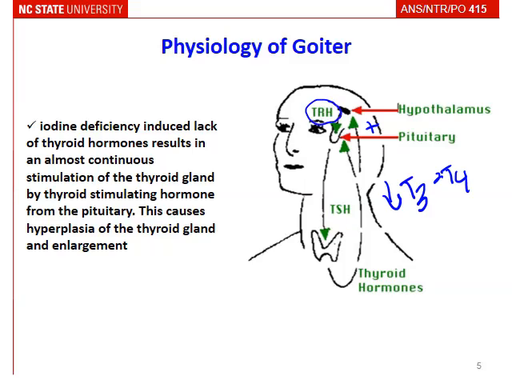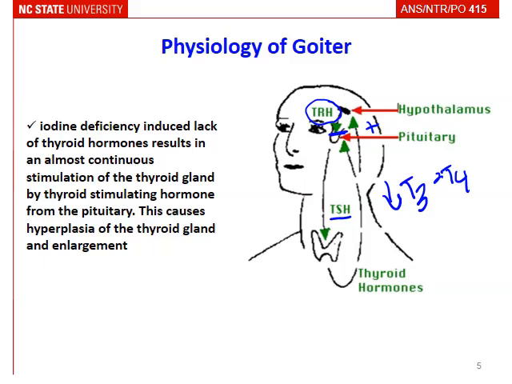This has an effect on the pituitary gland right here, and our pituitary gland, as I mentioned before, is what releases our thyroid stimulating hormone. This thyroid stimulating hormone is going to affect the thyroid gland, and in a normal situation, that's going to cause the thyroid gland to synthesize greater amounts of thyroxine. But if we have a lack of iodine, we're not going to be able to form our T3 and T4, as you just saw previously.